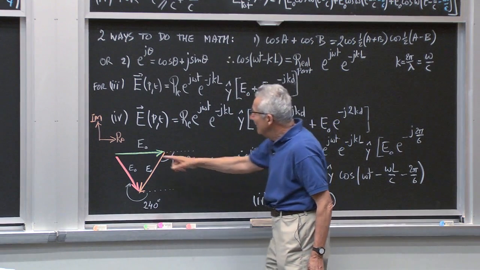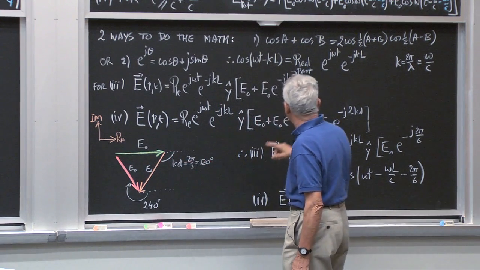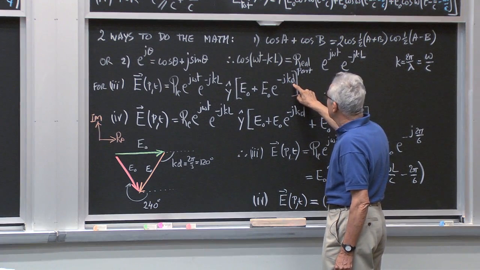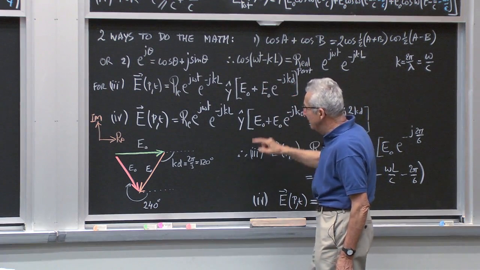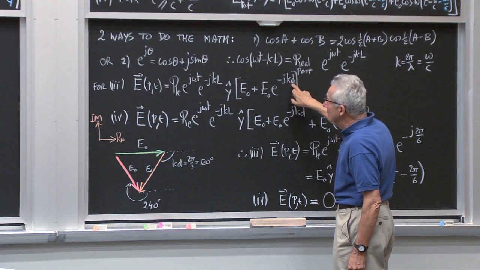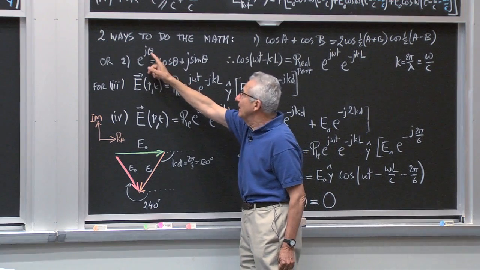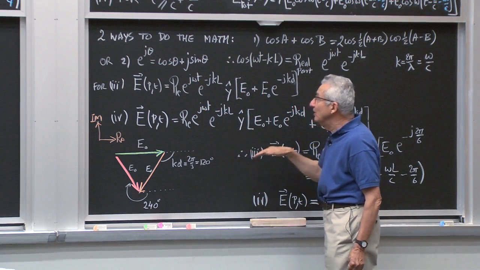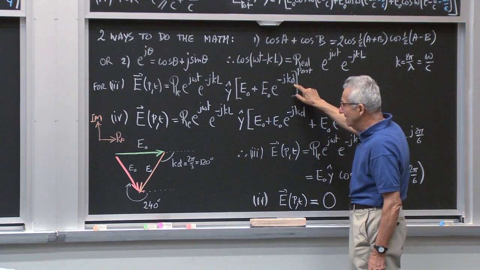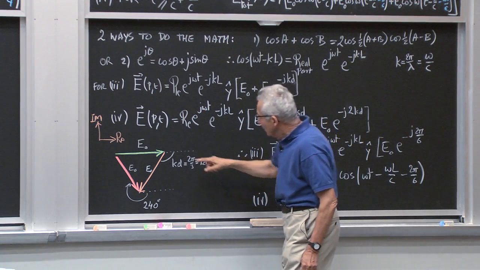Okay? And I'm adding to it e to the minus jkd, which has a magnitude E0. And this is the angle theta with respect to the real axis, which in this case is minus kd. So this is the angle.